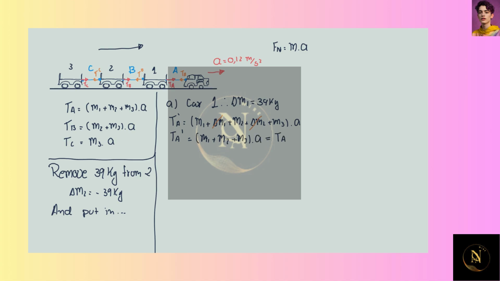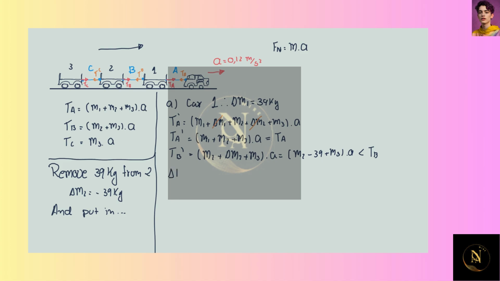Therefore, the tension in cable A does not change. Now, for the cable B, we have M2 plus delta M2 plus M3 times A, and then this is M2 minus 39 plus M3 times A. You can see that this is smaller than tension B before removing that luggage.